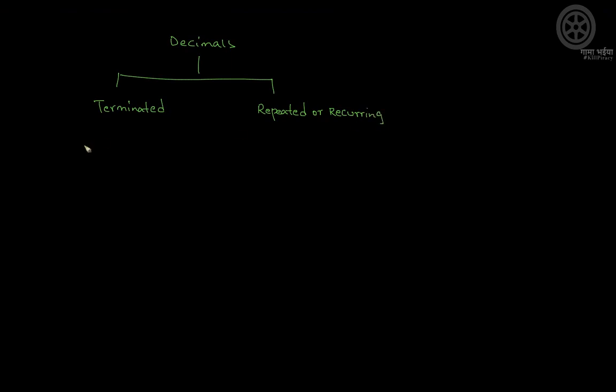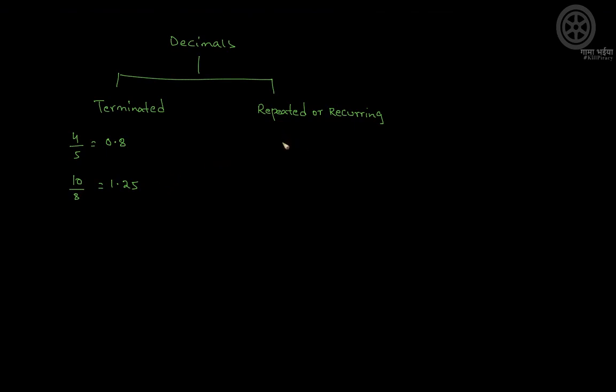Terminated decimals means, suppose you have 4 by 5. How do you convert it into decimals? 0.8. Suppose I have 10 by 8, that is 1.25. These are the terminated decimals.